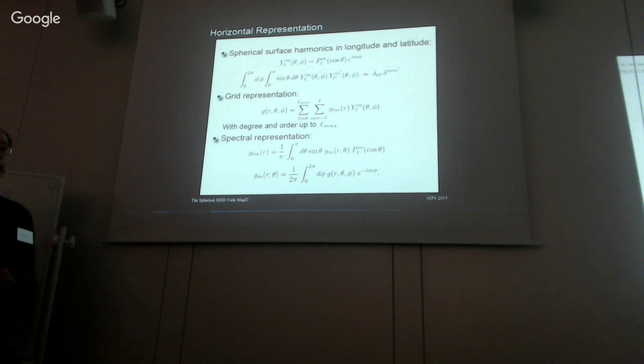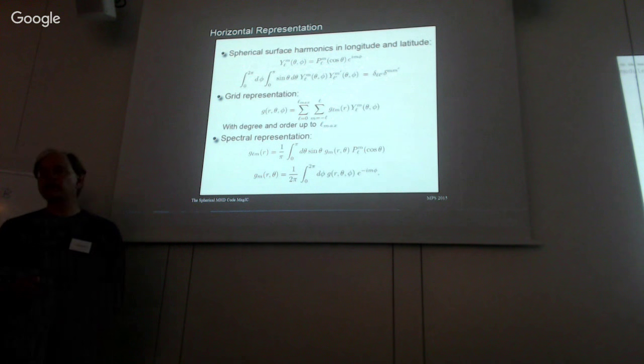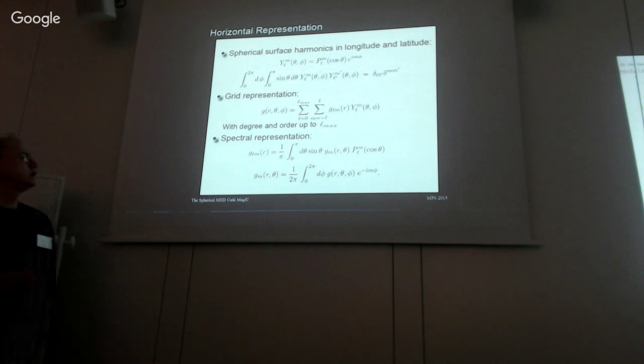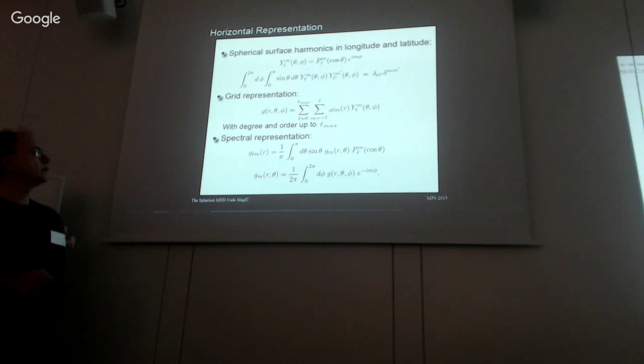And in theory, you need an infinite number, but of course you truncate somewhere. And we truncate, we just call it L max. So it's the maximum spherical harmonic degree where we truncate. And then the spherical harmonic order just goes from minus L to L. So then if you have this representation, it's a simple matter to go from the spherical harmonic coefficients to the physical grid representation.